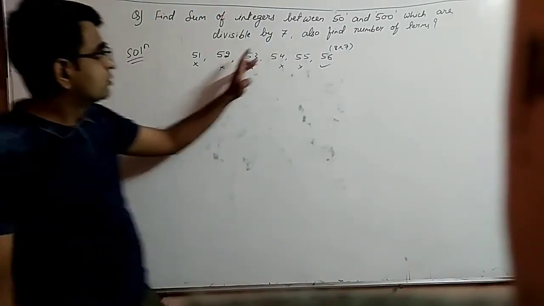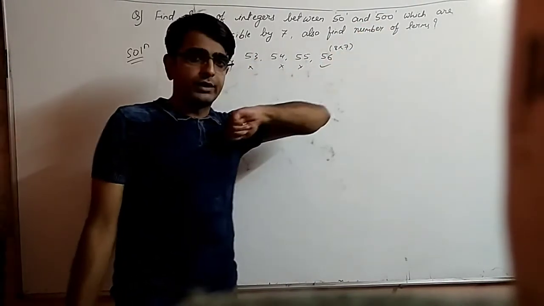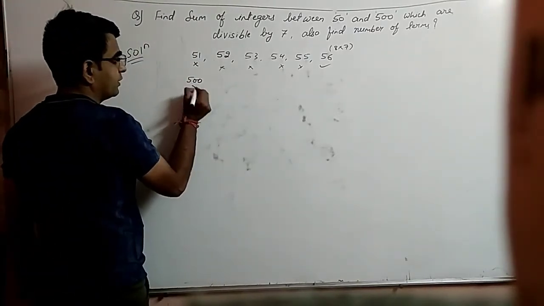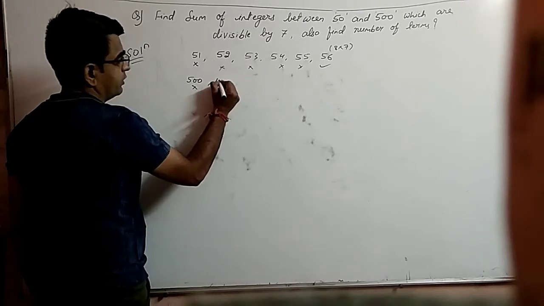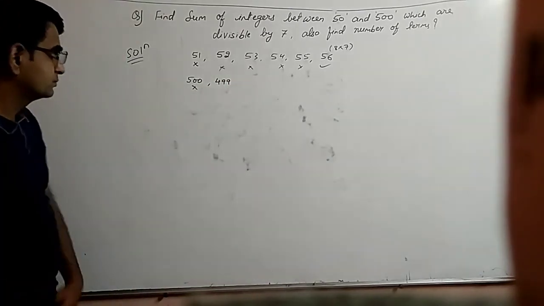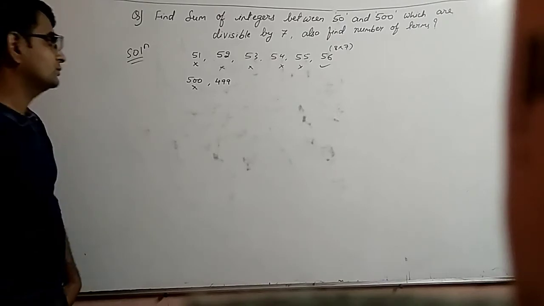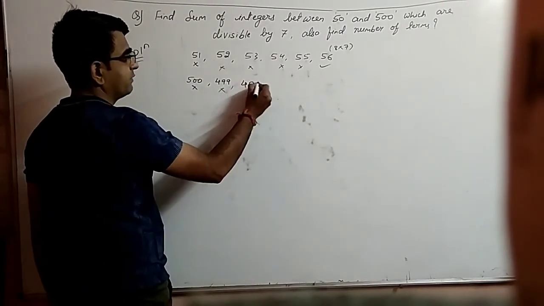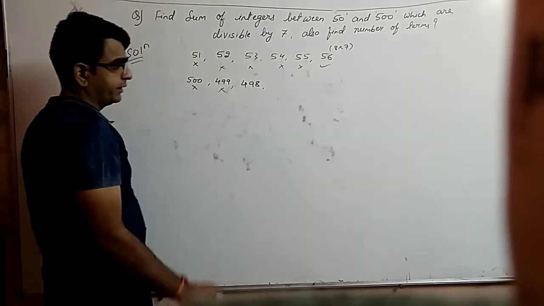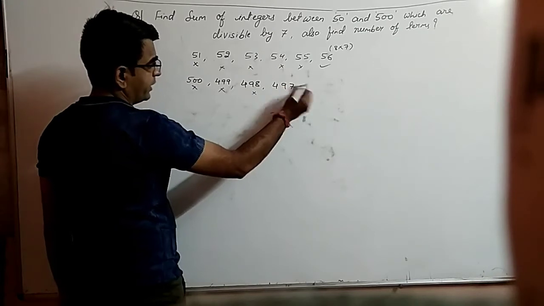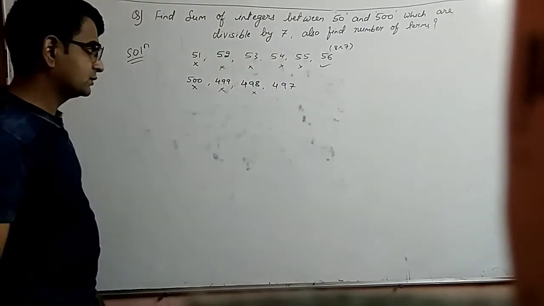Okay, now 500. Is 500 divisible by 7? No. Now in descending order, 499 is also not divisible by 7. 498 is also not divisible by 7. 497, yes.